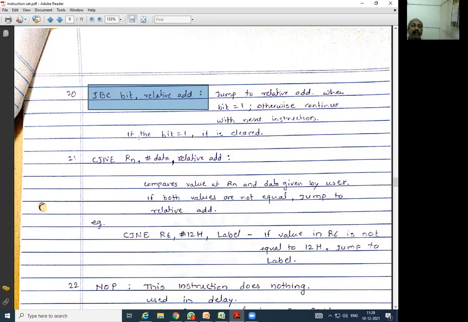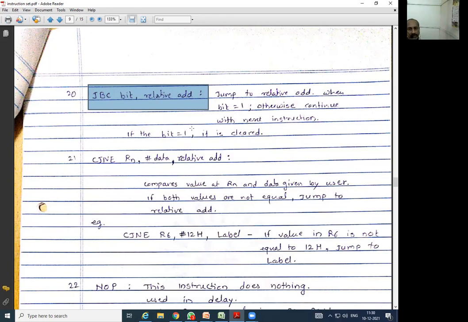If the bit is equal to 1, it is cleared. This is very important in this particular instruction, that is JBC bit. Again, the bit is the same way, that is P1.2, P2.2, like that. You can check any bit.